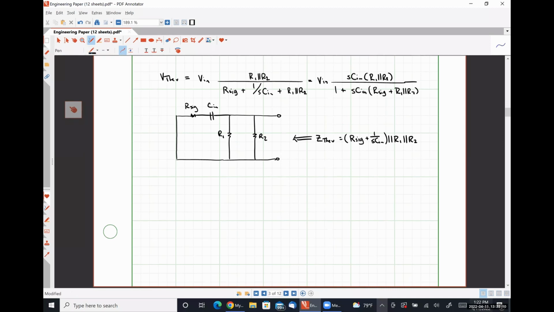So if this is our source terminal, here we have RS. Here we have CS. This is ground.